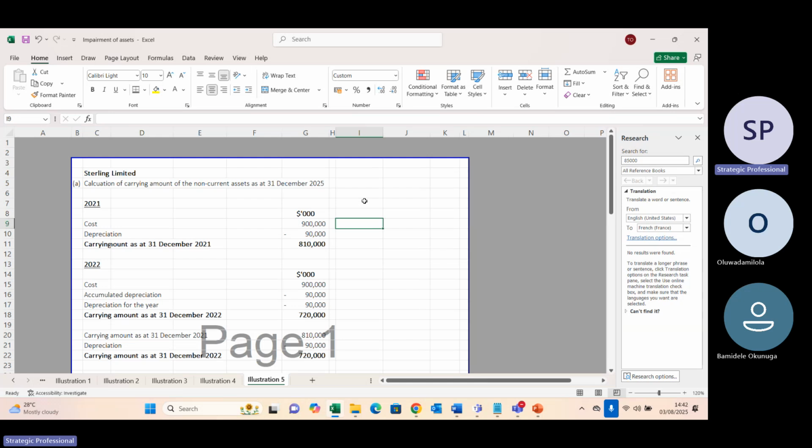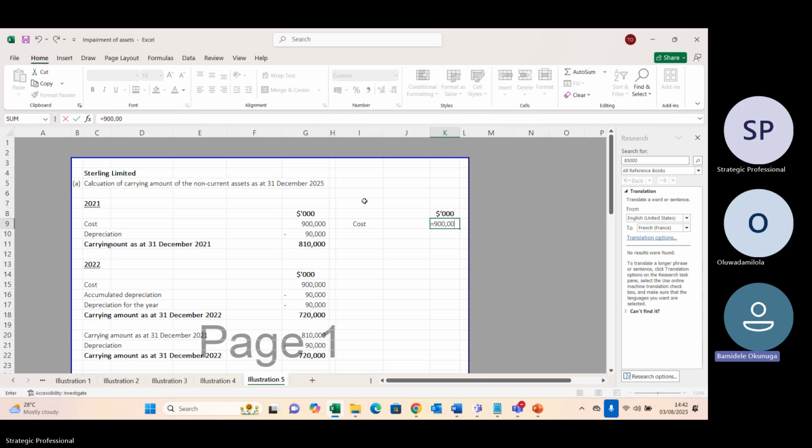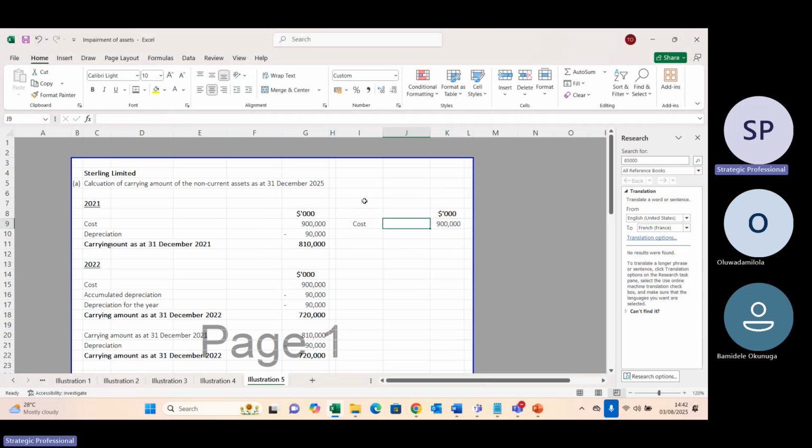Cost less depreciation, less impairment loss. That's the meaning. What is our cost? Our cost is 900,000, right? Yeah, 2021, 900,000. Then accumulated depreciation.